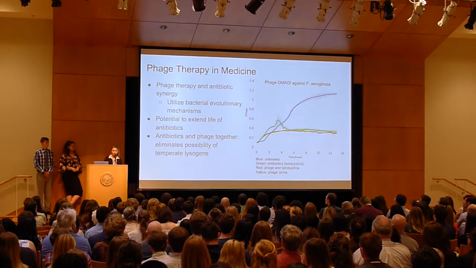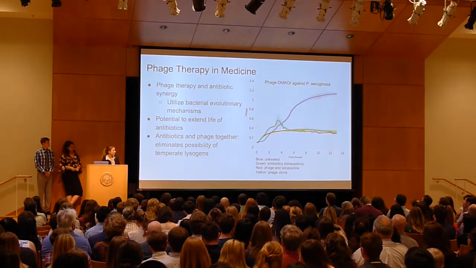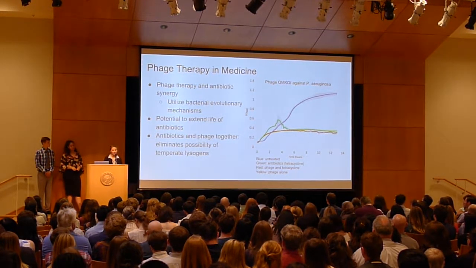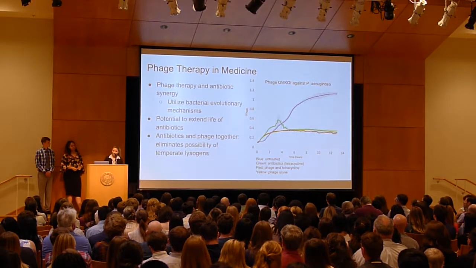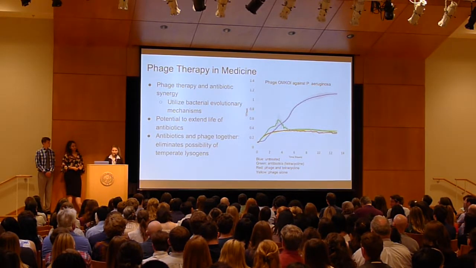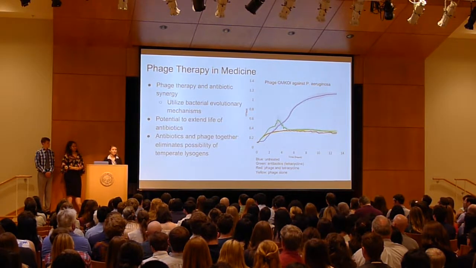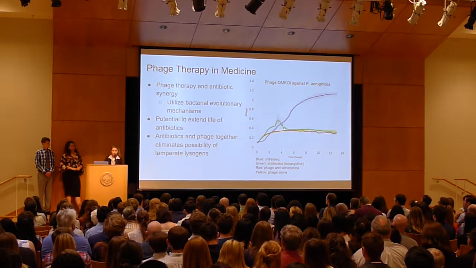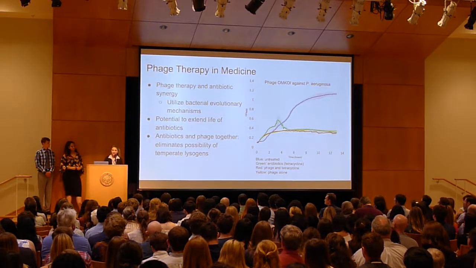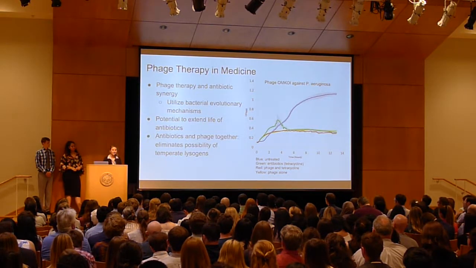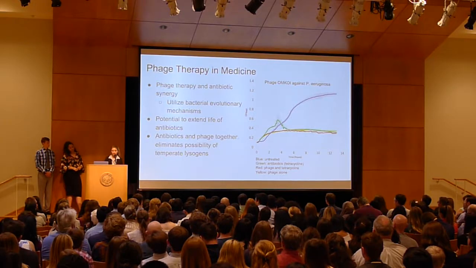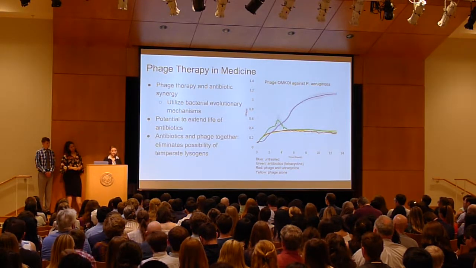And we can see here, the blue line is just the bacteria by itself in cell density, so it grows just on its own. And then the 3 other lines, the green, red, and yellow, those are instances where we apply antibiotics or phage therapy. So this was very successful, and we can see here that we can actually use phage therapy in substitution of antibiotics, and it's just as successful.